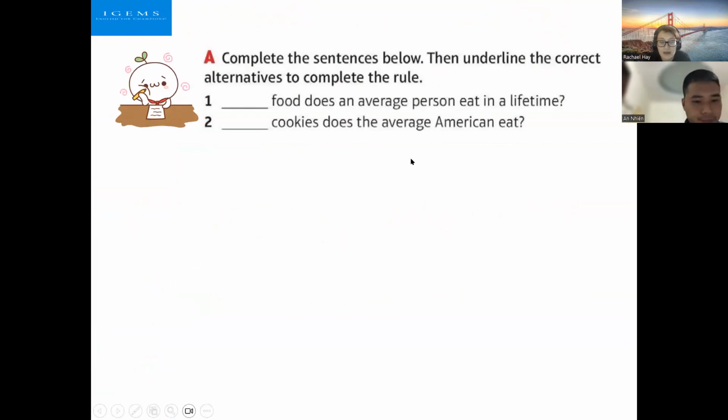So when do we use how much and when do we use how many? How much? How many? Countable?